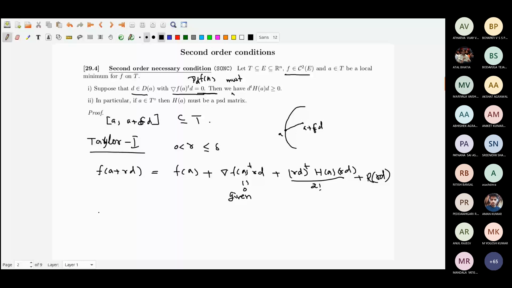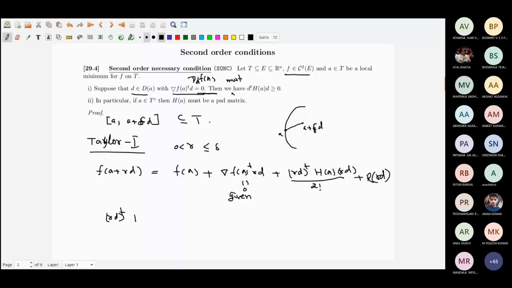So now I get the following: RD transpose H(A) RD by 2 factorial plus the remainder term, the error term, is greater than or equal to 0. This is equal to f(A + RD) minus f(A), which is greater than or equal to 0.